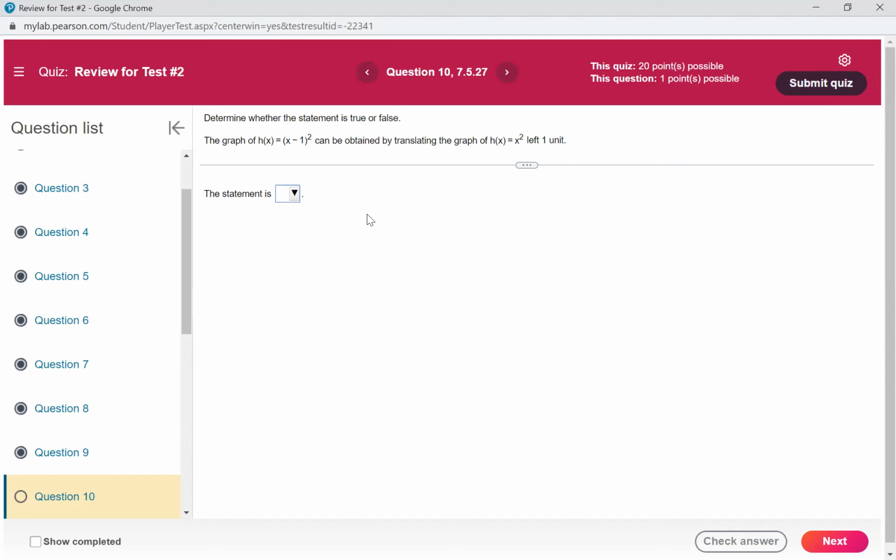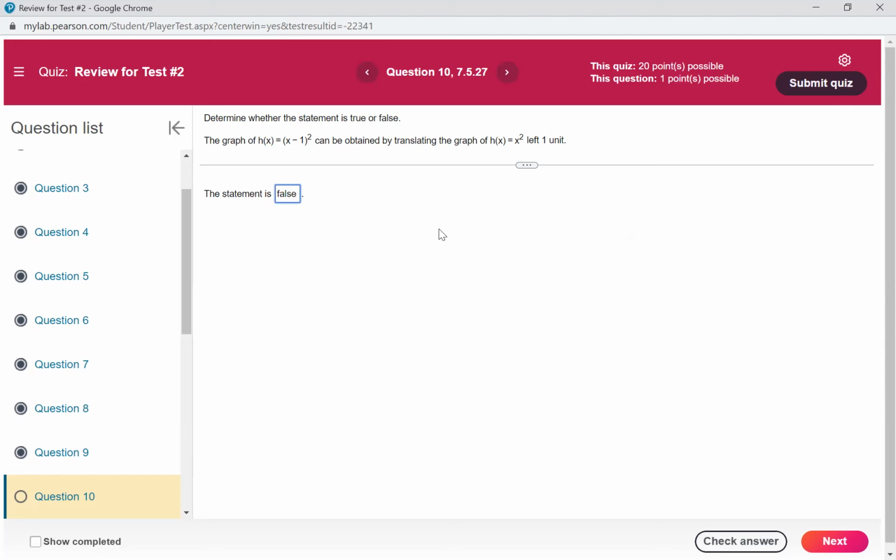So notice, they're attacking the x inside those parentheses by subtracting 1. Well, when we attack that x and subtract 1 inside the parentheses, it's not moving me left. It's actually going to move me right 1 unit. But y'all, they said it was going to go left 1 unit. So this statement is definitely false.